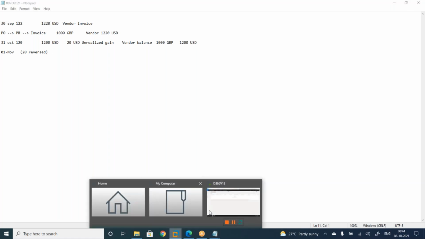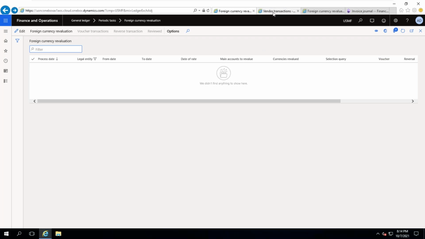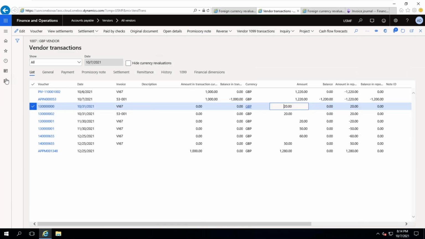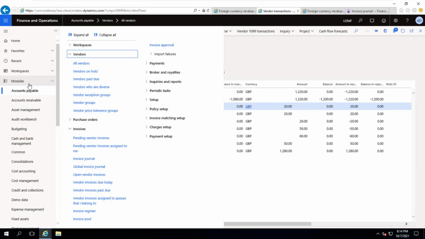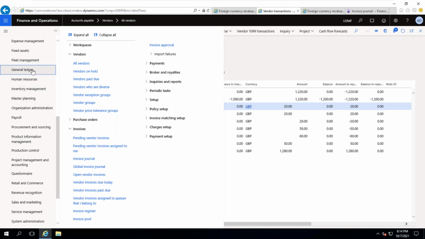Let me take, you are posting a transaction in normal general ledger.